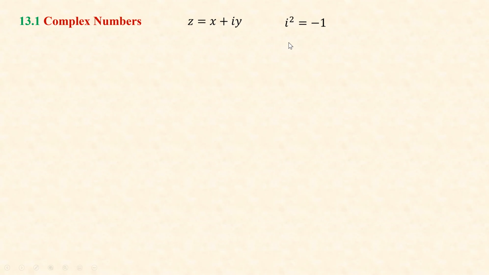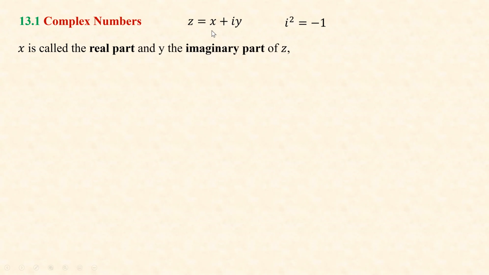This is the defining property of i, or you can say i is the square root of -1, which doesn't exist in real numbers. And this x that is real is called the real part because it doesn't have the imaginary number beside it. And the y without the i is called the imaginary part of z.